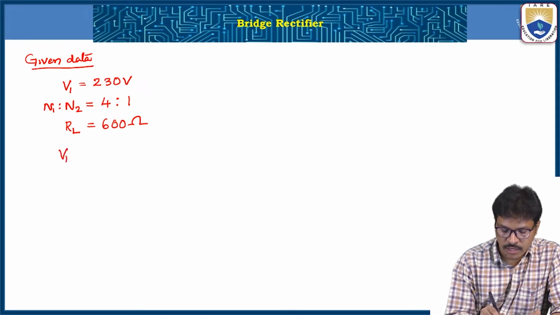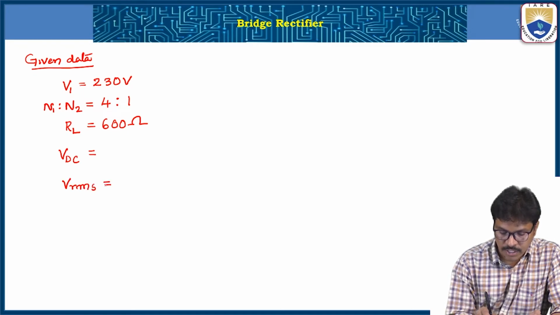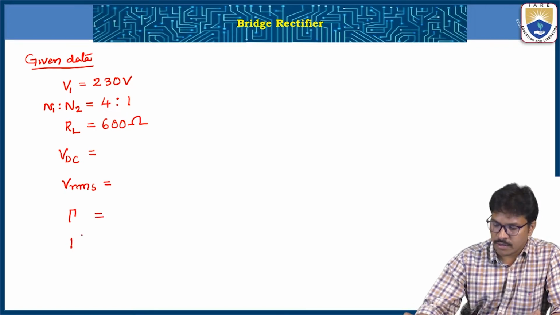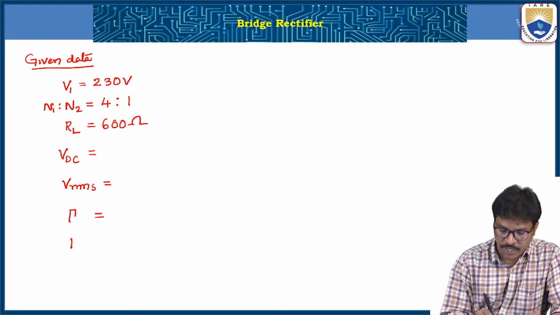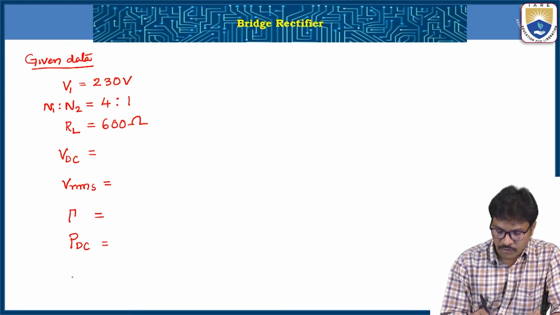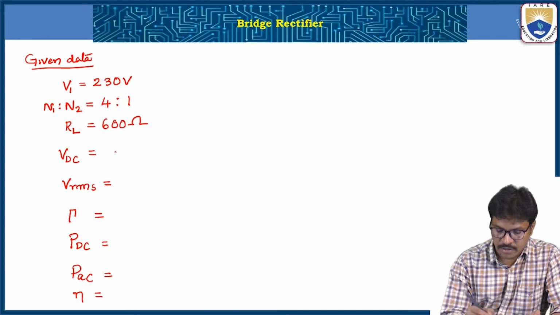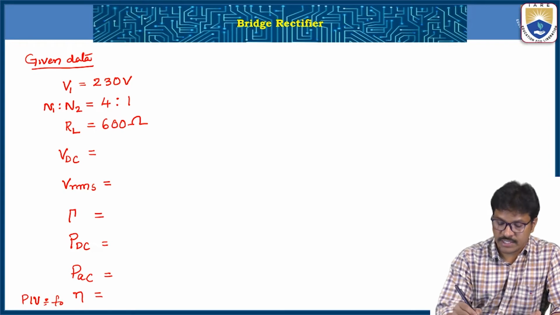Find the DC voltage, the VRMS voltage if you want to find the ripple factor, the DC power delivered to the load, PDC, and if you want efficiency we require PAC, and then efficiency, then peak inverse voltage, and then the output frequency. Let us see one by one.